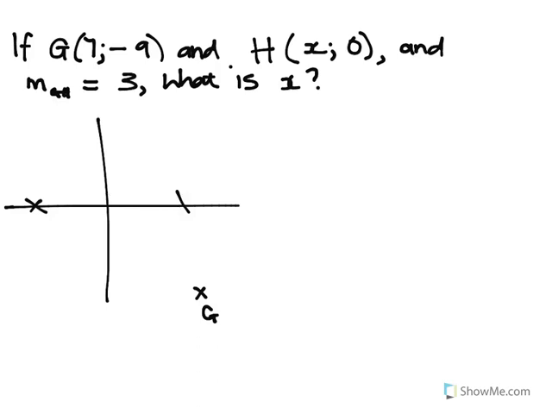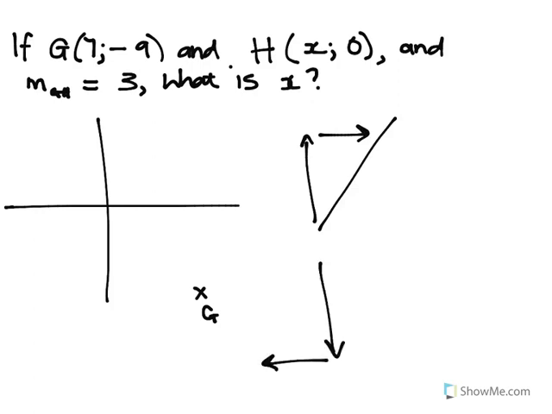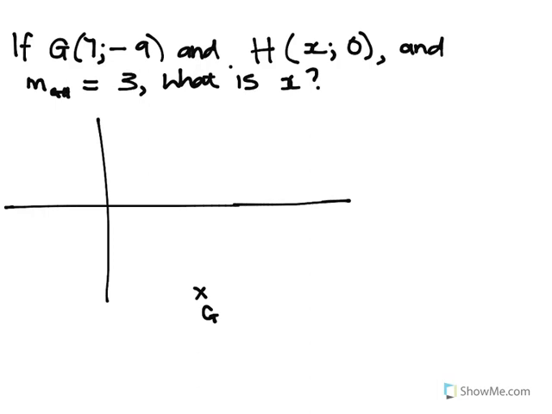But what we do know is that it has a positive gradient of 3, and a positive gradient is either positive rise, positive run, like that, or negative rise, negative run, which still looks like that. Lines with positive gradients climb, so it makes sense that my H is somewhere over there, so that my gradient can look like that.